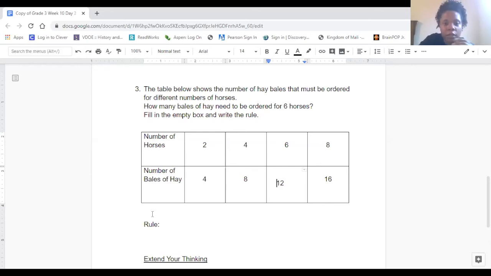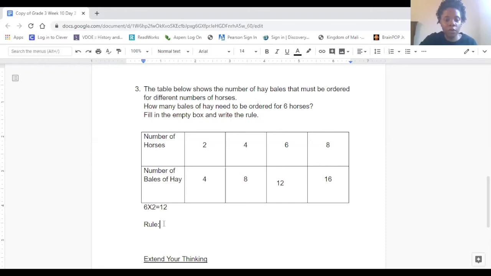Before I write my rule, let's see. 2 times 2 is 4. 4 times 2 is 8. 6 times 2 is 12, and 8 times 2 is 16. So yeah, it seems like that rule. Let's see, first I'm going to do, right? 6 times 2 equals 12. And so that's how I got 12.